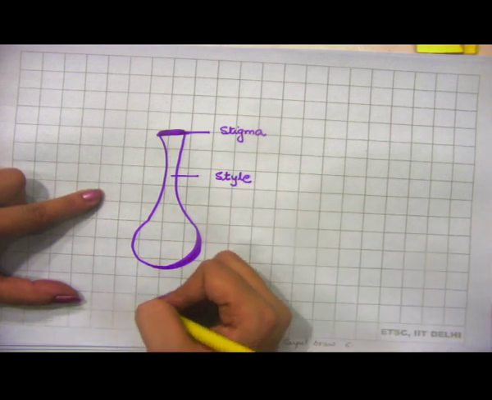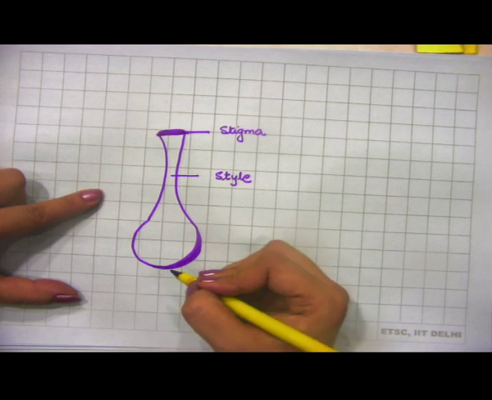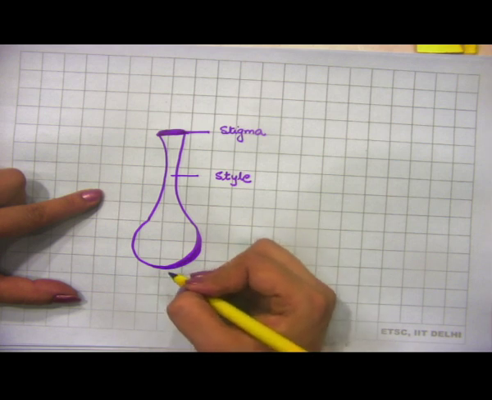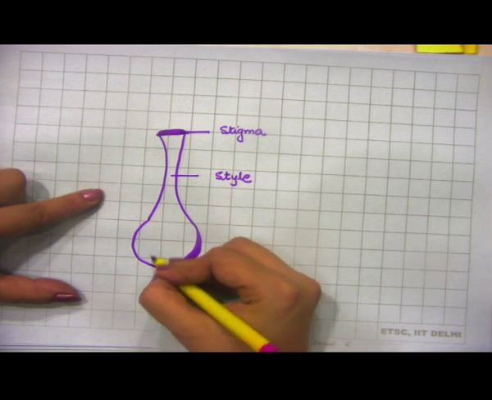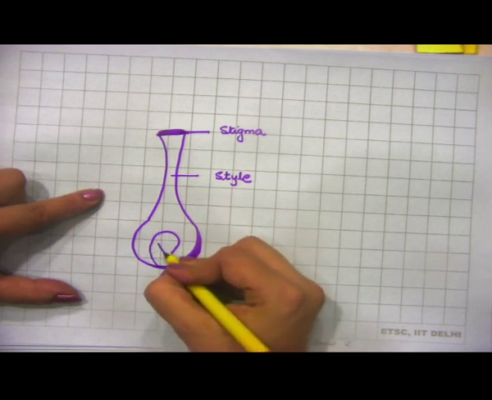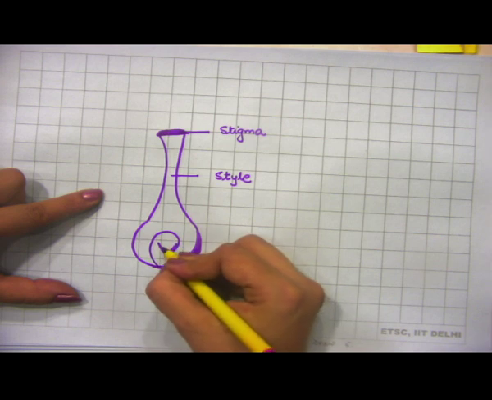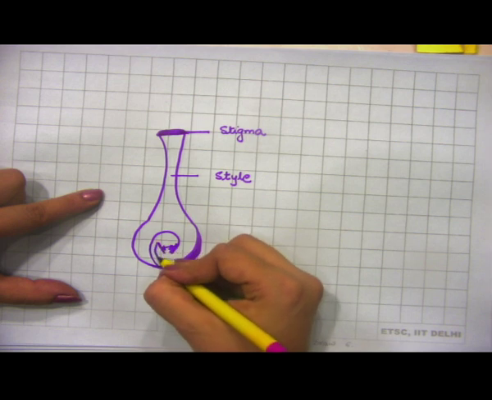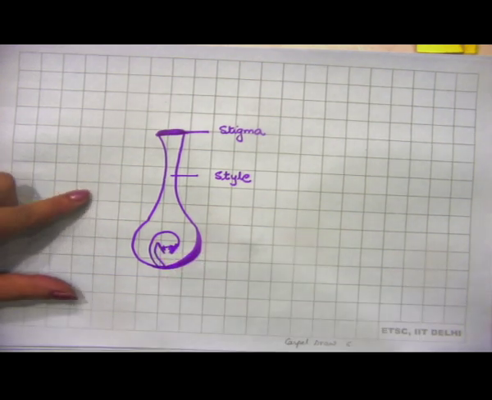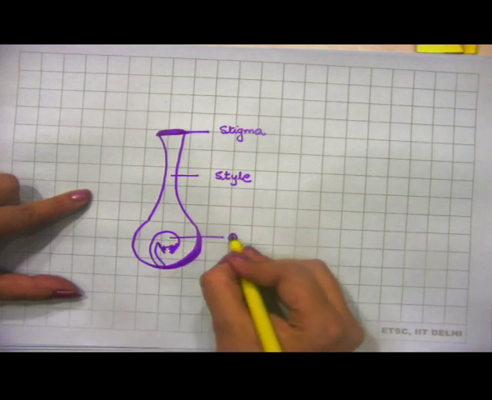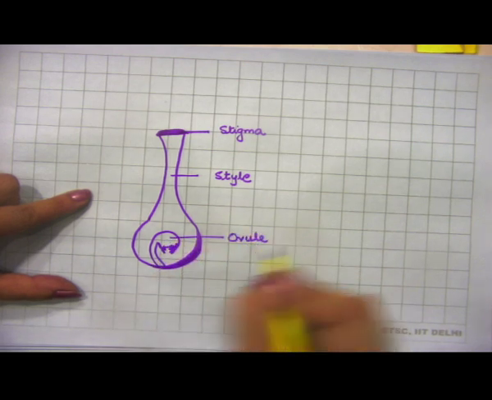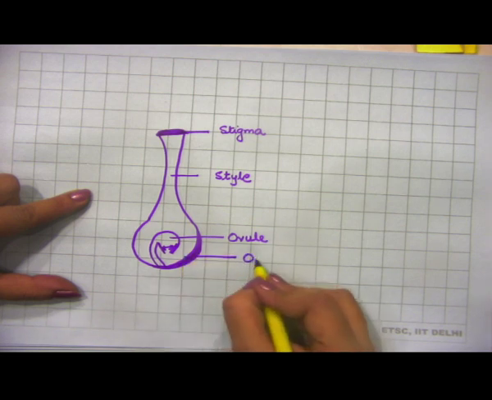Inside the ovary, many or one ovule may be present depending upon the taxa. Let me draw an ovary with only one ovule. Such a structure you also studied in junior classes. So, this is the ovule present inside the ovary.